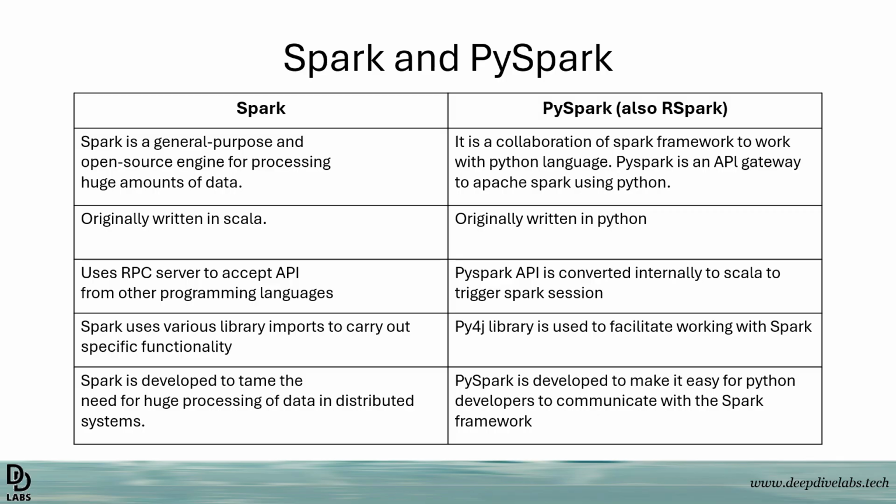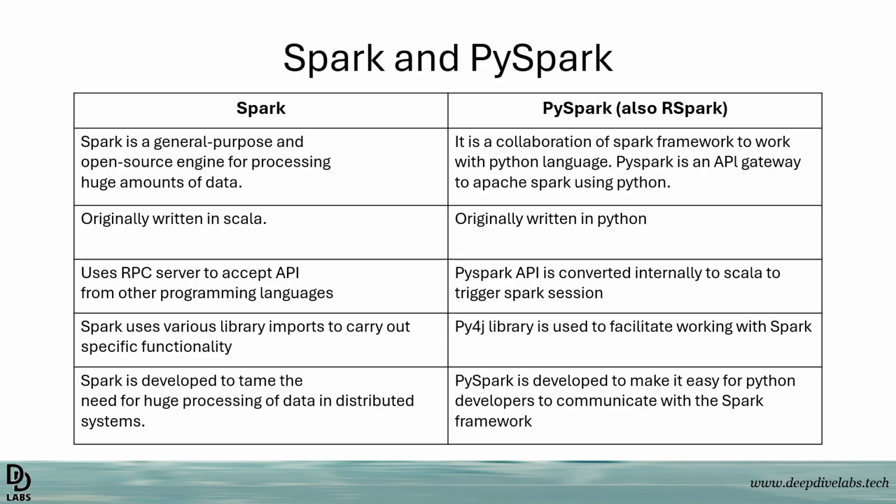Spark works on Scala, but then you have PySpark. Why? Your PySpark is developed to make it easy for Python developers to communicate with the Spark framework, because Spark is developed to tame very huge data, it's a big data processing engine. Scala is a new language that we would have to learn.